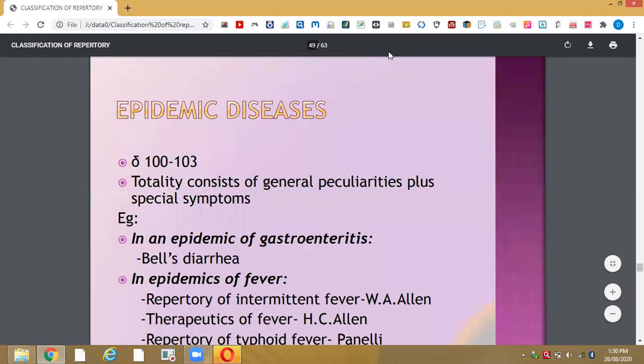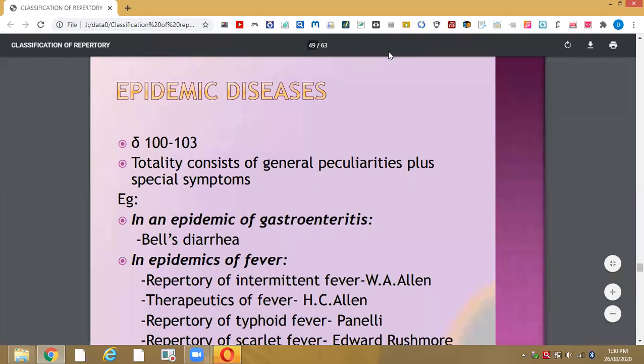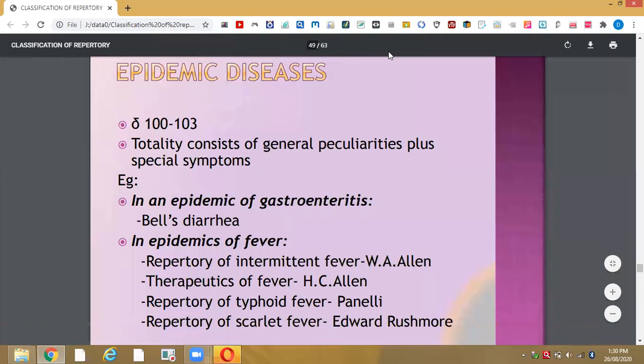Then in epidemic diseases, if the epidemic disease is gastroenteritis, then we choose the repertory in which the symptoms are indicated for GI infection, or all the GI symptoms are included. That repertory we choose for an epidemic of gastroenteritis.